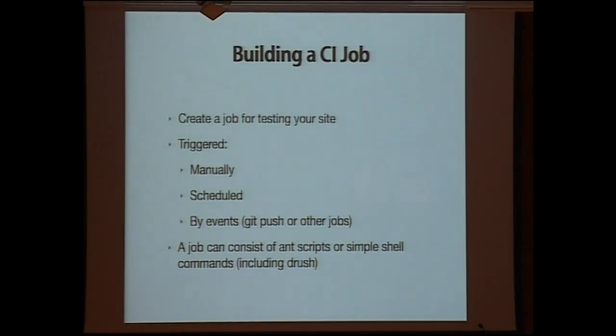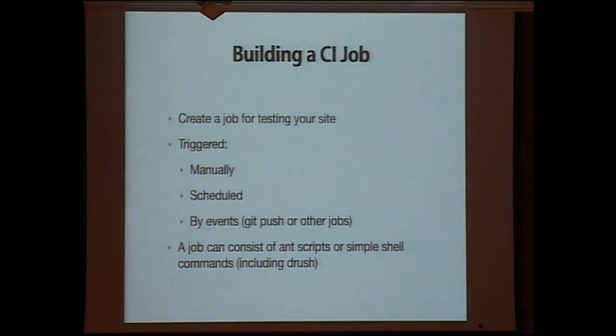It can be triggered manually or on a scheduled basis, like every 5 minutes or so, or by events, like a git push or other jobs, like the first job that is testing that your Makefile works will trigger the second job that will try to install it, which in turn will trigger the third job that will try to see if features are okay.